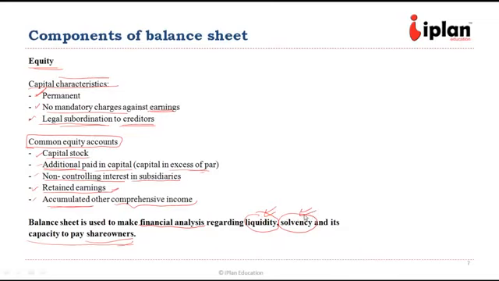Solvency represents if the debt to equity ratio is lower, then it is more solvent. If it is higher, then it is less solvent. So all of this kind of information we can use from the balance sheet. So on these lines we have multiple liquidity ratios and solvency ratios which are useful for valuation purposes as well. Now let us move to the next slide.